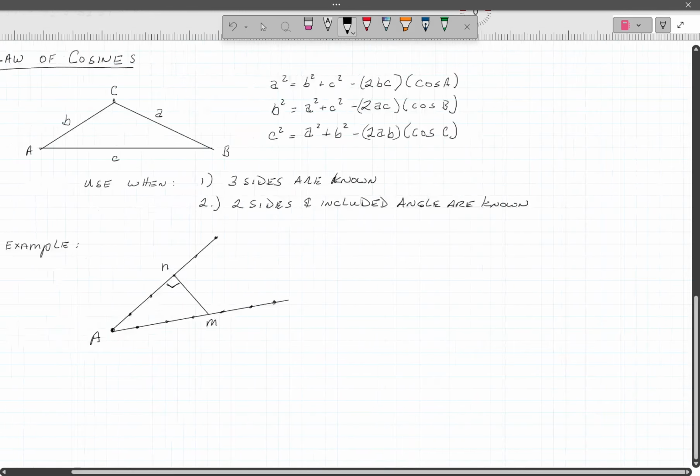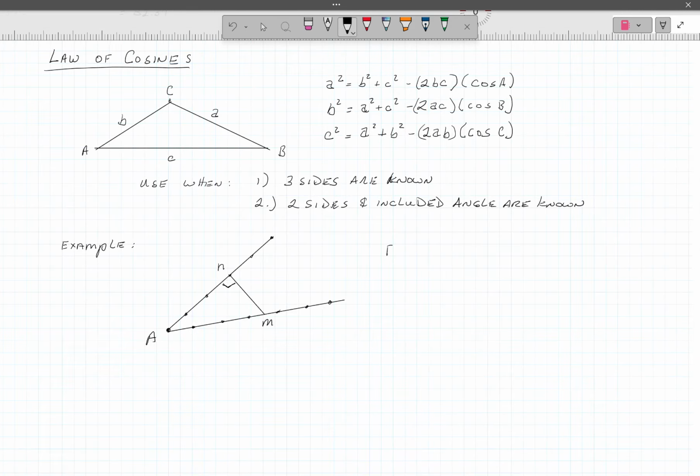So we've got a property line of a non-rectangular parcel.